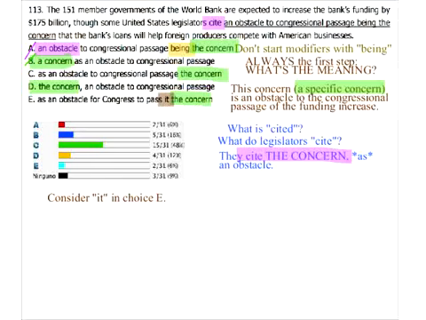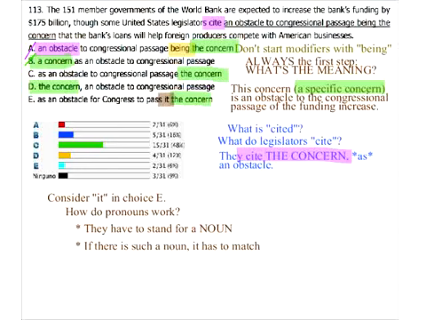Just, what do pronouns have to do? How do pronouns work? They have to stand for a what? They have to stand for a noun. And then if there is such a noun, it has to match in terms of singular and plural.